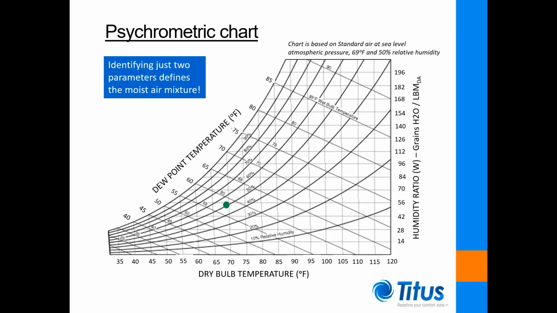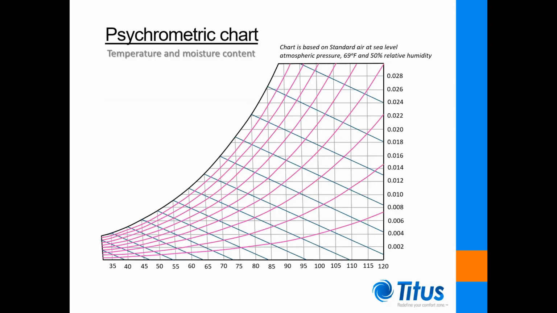Standard air can be plotted on the psychrometric chart as shown. The chart allows you to quantify numerous properties of an air mixture by simply identifying only two of its attributes. All of the physical and thermodynamic properties of a moist air mixture may thus be quantified by the use of a psychrometric chart. Now, let's explore the chart.